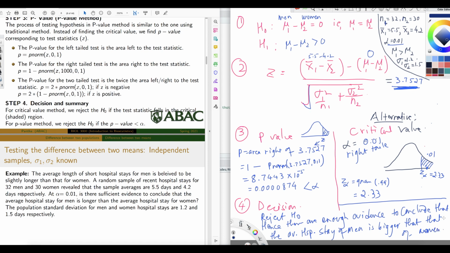So also you can say that the mean hospital stay is significantly bigger than the women's hospital stay. Okay, you can say that way too.